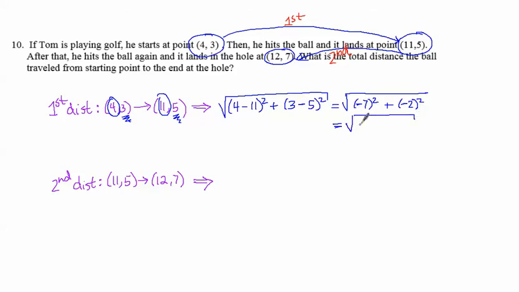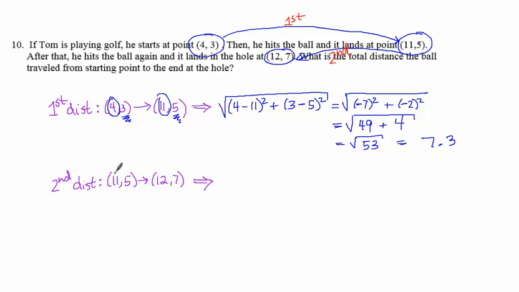Negative 7 times negative 7 is a positive 49, plus negative 2 times negative 2 is a positive 4. So that means you have the square root of 53. And we can find the decimal value of that, which is about a 7.3, rounding to the 10th place.